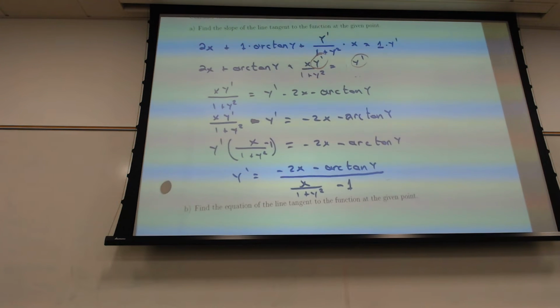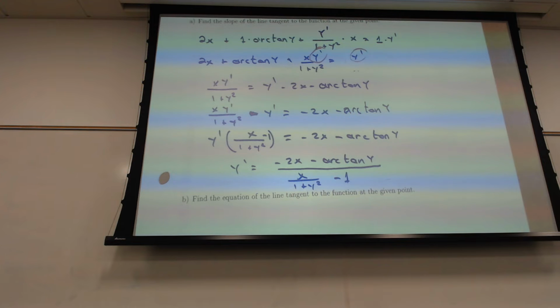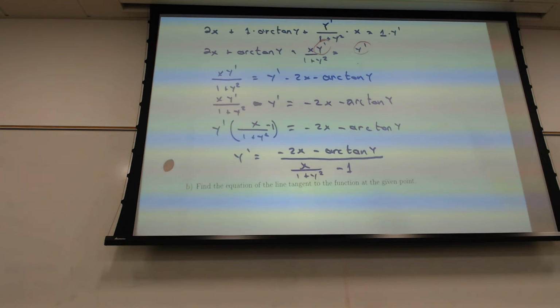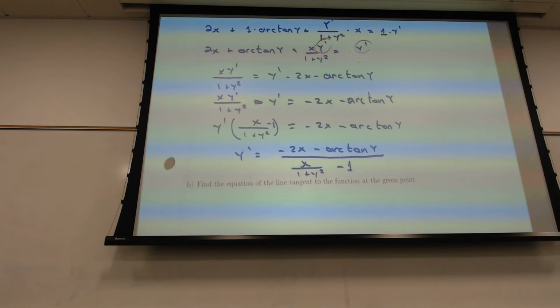All right? So that's fine for the derivative. And they're asking us to find the slope. To find the slope, all we do is plug in the values of x and y that we are given at the top of the page. Evaluating the derivative means to find the slope.